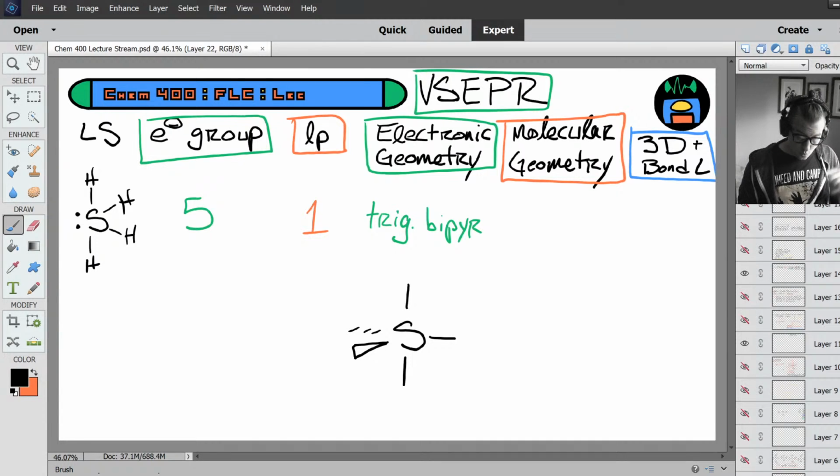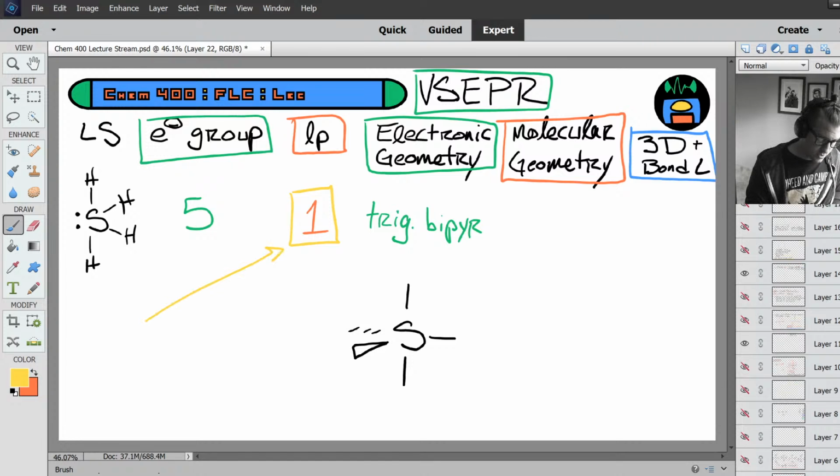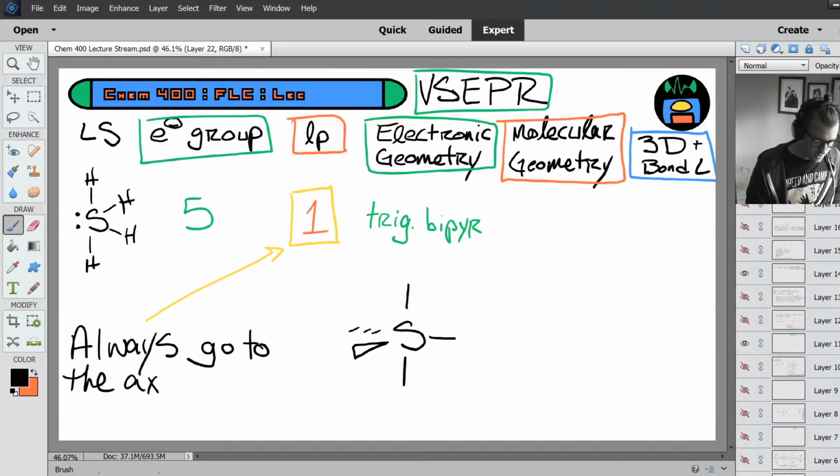When you are adding lone pairs to a trigonal bipyramid, your lone pairs always go to the axial position. Nope. Always go to the equatorial position. They never go axial.